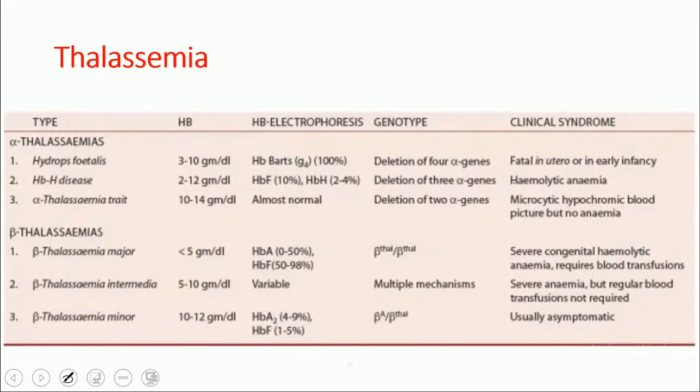The mechanisms of beta thalassemia are very complicated, and there are multiple genotypes that are associated. And the hemoglobin electrophoresis is also variable in beta thalassemia intermedia.